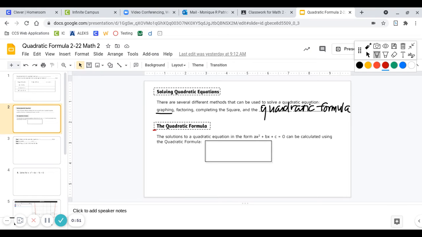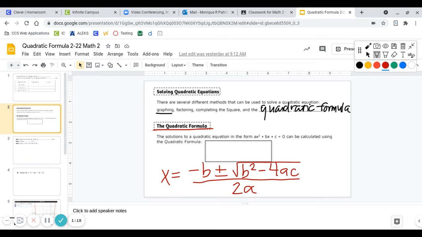You want to write the quadratic formula, and it is x equals negative b plus or minus the square root of b squared minus 4ac divided by 2a. All of that. So go ahead and write that down.